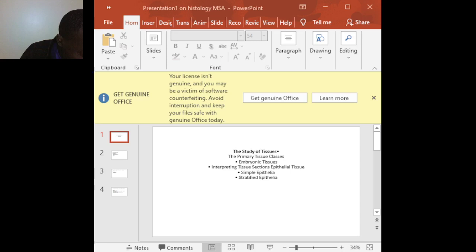Now, I want you to know this. We always have something to do with the epithelium, but between an epithelium and the underlying connective tissue, there's always a layer. And this one normally comes in MCQ exams. So I ask you, which layer do we get between an epithelium and the underlying connective tissue? What is the name of that layer?